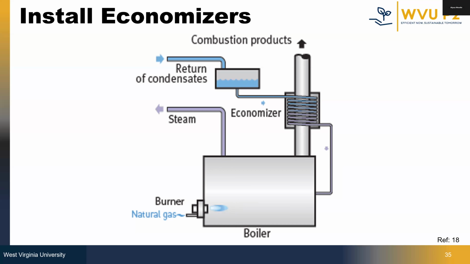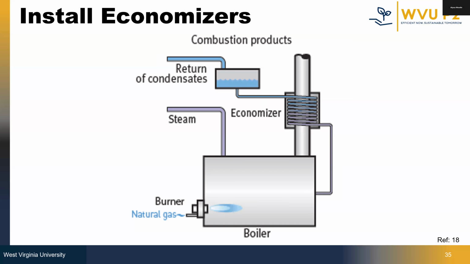If that boiler runs 24 hours a day, 7 days a week, and it was using natural gas at $8 per MMBTU, you're looking at savings of nearly 263 MMBTU, or around $2,400, between $2,000 and $2,500 a year in savings.